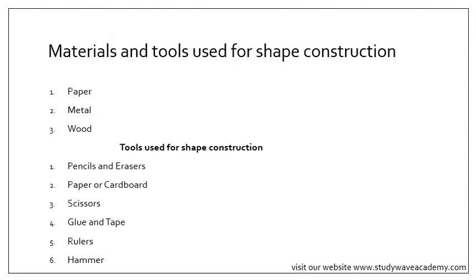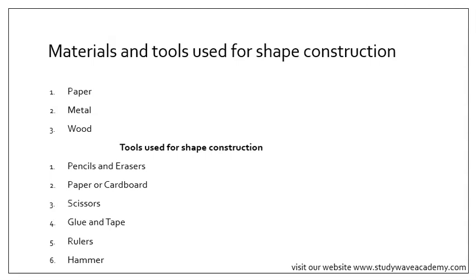There are three materials you can use for shape construction: paper, metal, wood. Do you understand? You can use paper to create any shape you want. And you can also use metal to create any shape you want. And you can use wood to create any shape you want. Okay?